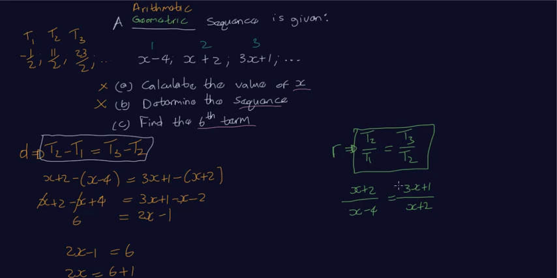So now we cross multiply. On this side it's x plus 2 times x plus 2, and that equals 3x plus 1 times x minus 4.